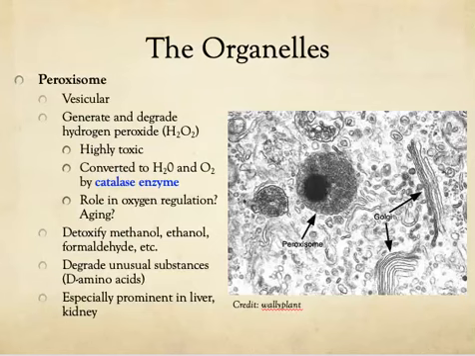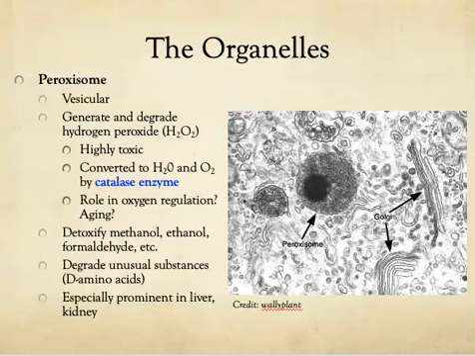Hydrogen peroxide is toxic to all cells, both eukaryotic and prokaryotic. So a cell has to have a way to deal with any hydrogen peroxide that is generated. And that's the job, again, of this catalase enzyme, to break it apart and detoxify it.